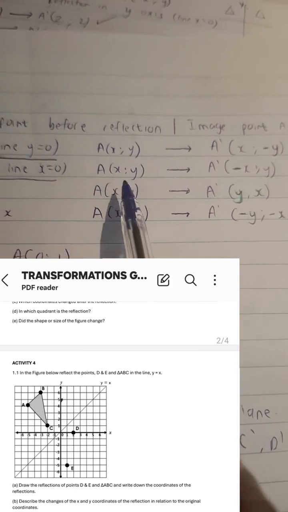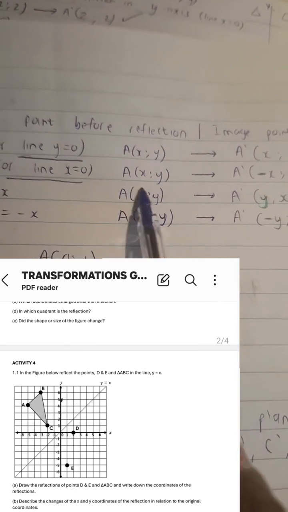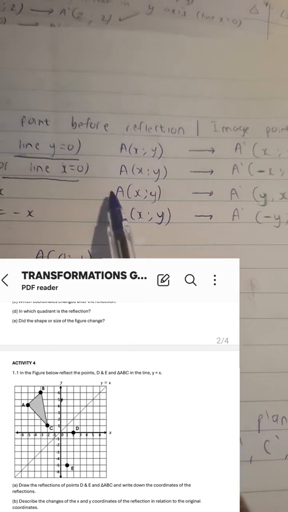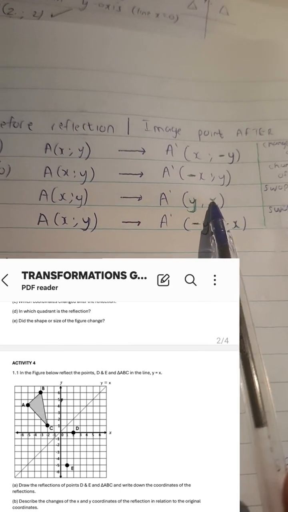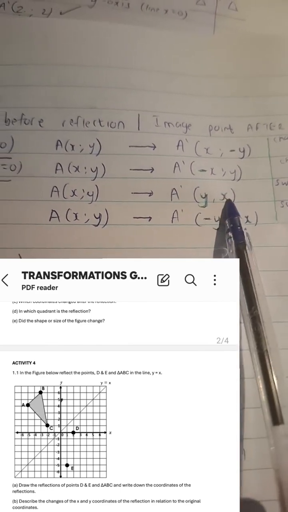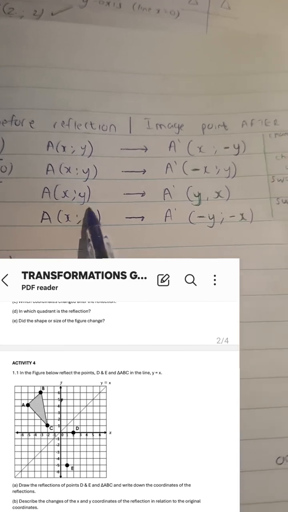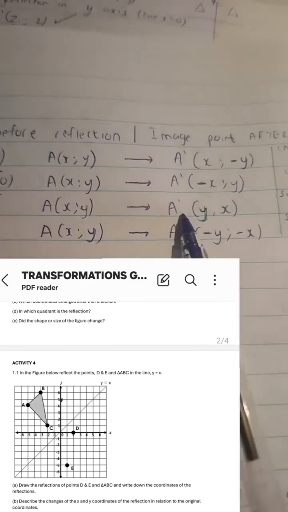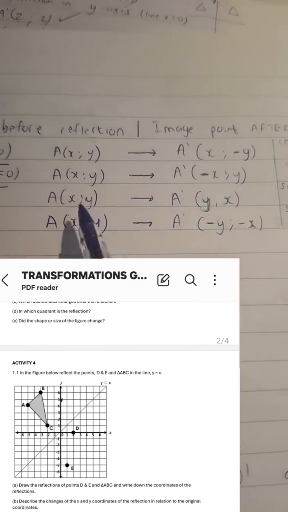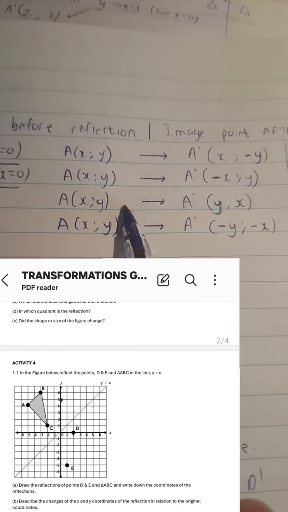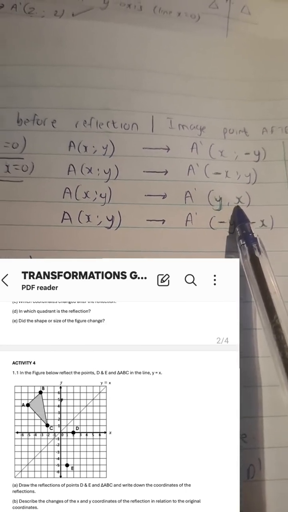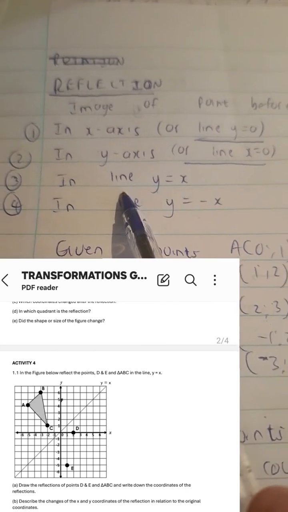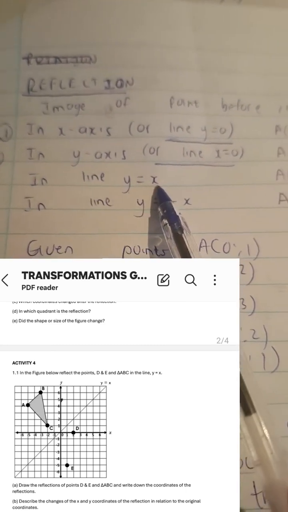It basically means that the x and the y coordinate of the original point are simply swapped so that you can get the image of the original point. So we swap x and y, and that's it. X becomes y, y becomes x. So that is basically what you are seeing here. That's a reflection in the line y is equal to x.